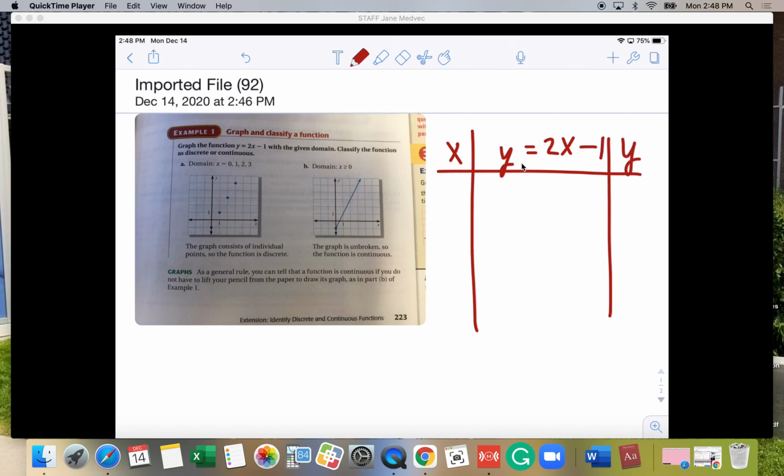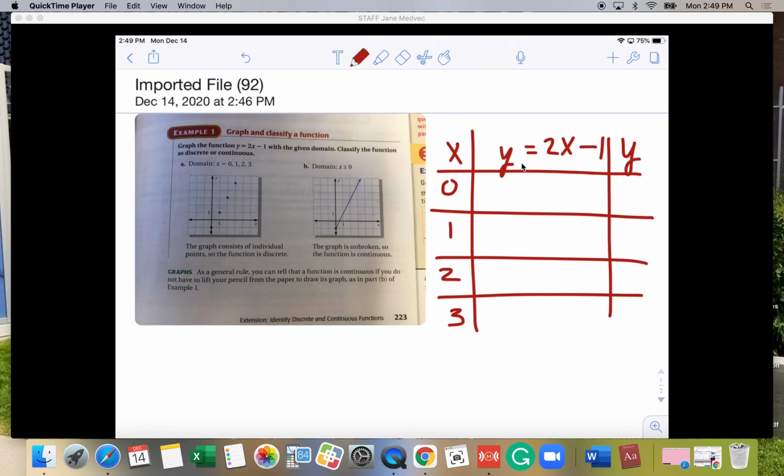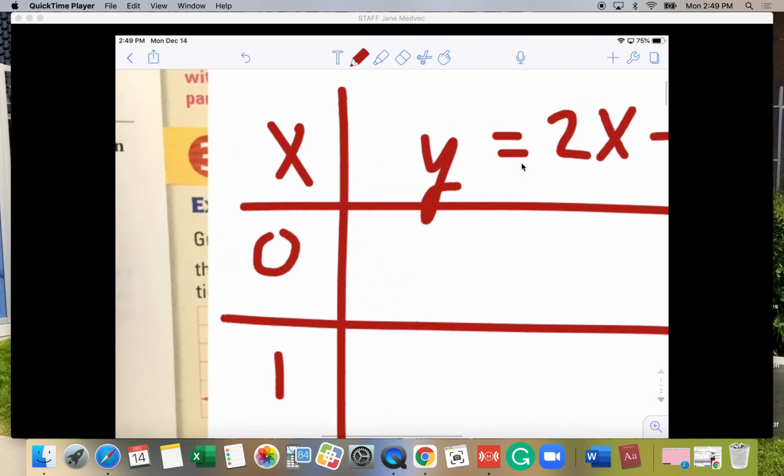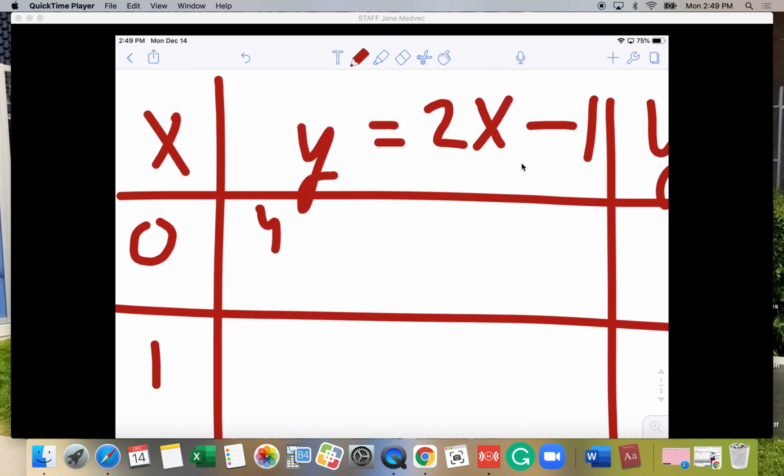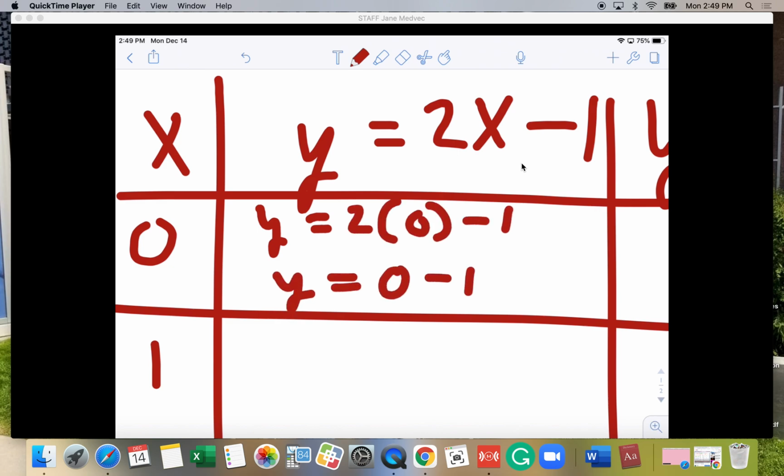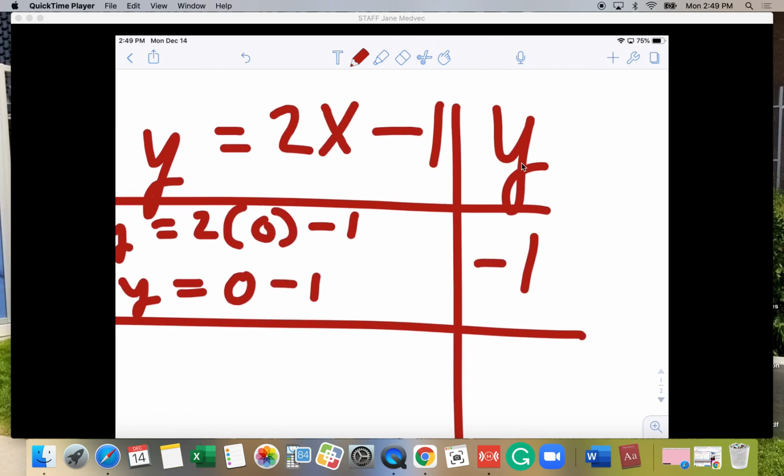They put in the domain of 0, 1, 2, and 3, and they did their work. So like in class, we had y equals 2 times 0 minus 1, y equals 0 minus 1, and you end up with a negative 1.